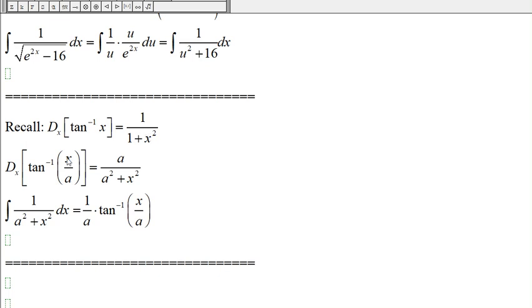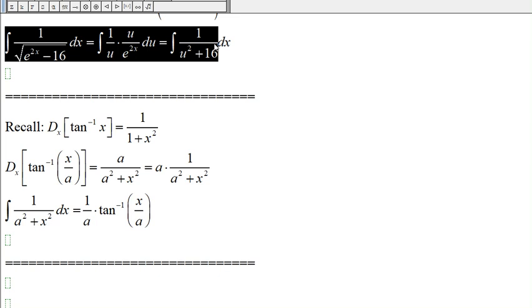And if we replace the x with x over a, then the derivative will be a over a squared plus x squared. And from here, we get the formula: the integral of 1 over a squared plus x squared is 1 over a times tangent inverse of x over a.